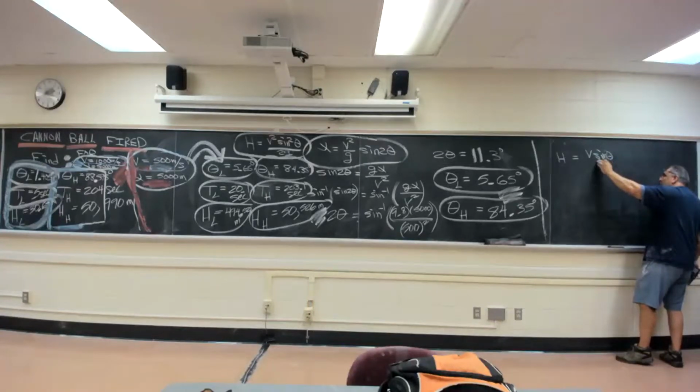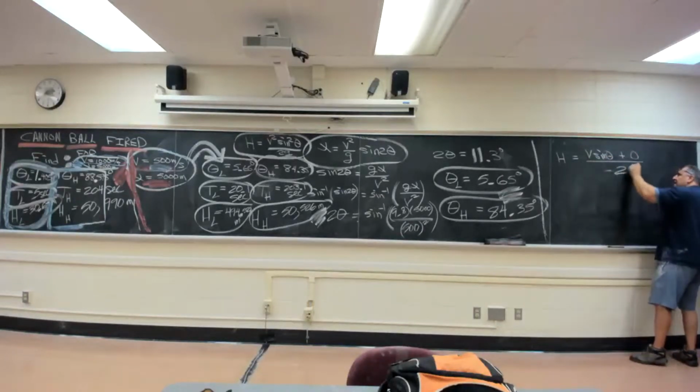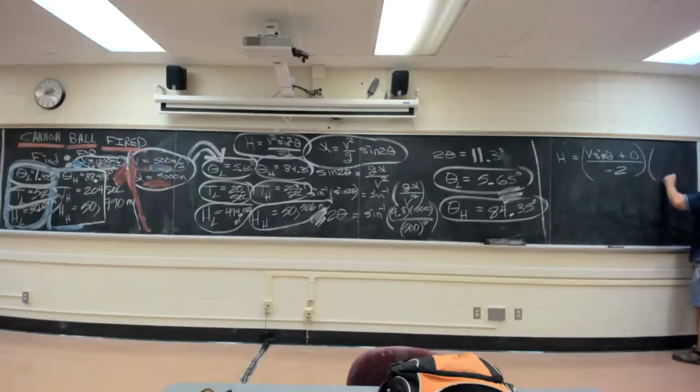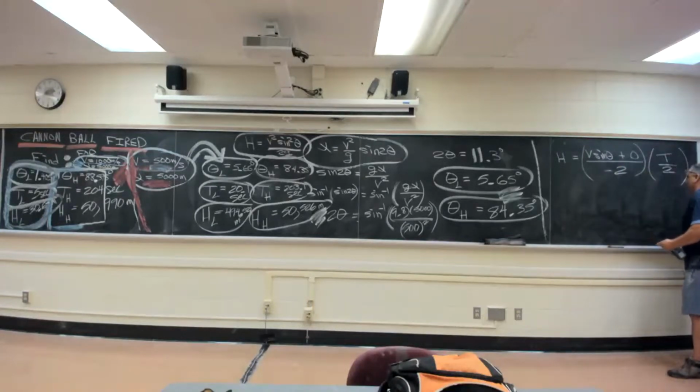That's the y component initial being shot up, and at the very top, the y component is 0. Take this, divide it by 2, and multiply it by half of the total time. The total time of flight is from here all the way down to here. I just want half of that right here.